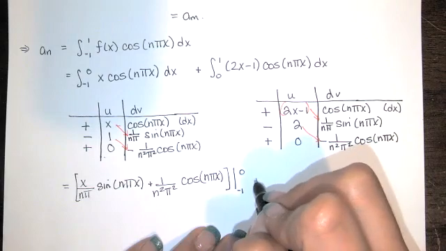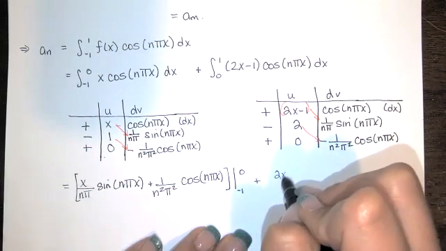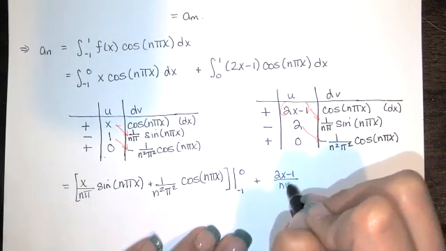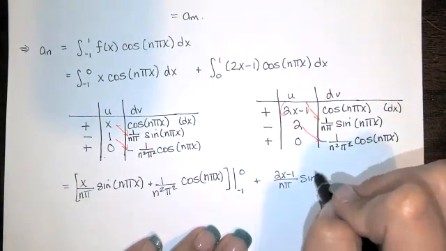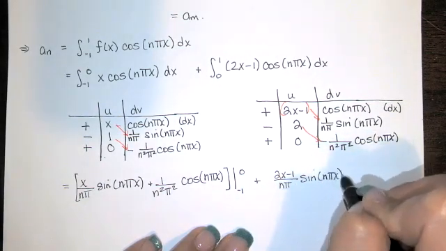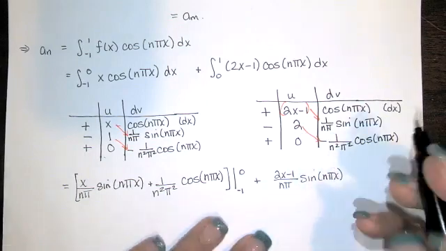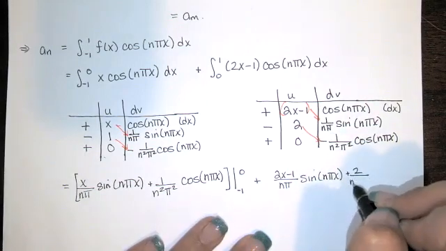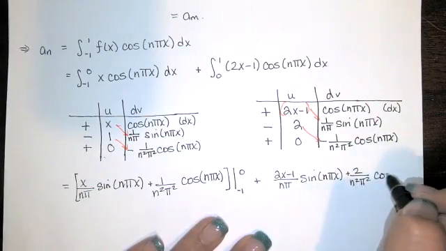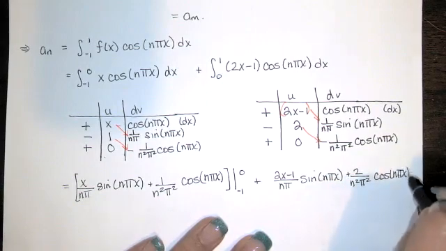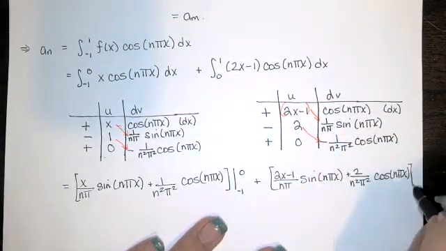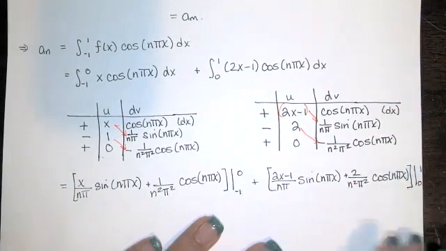So we'll have plus (2x - 1) in the numerator divided by n pi times sine of n pi x. And then we have -2 times this, which is going to give us +2 over n squared pi squared times cosine of n pi x. All of this is evaluated from 0 to 1.